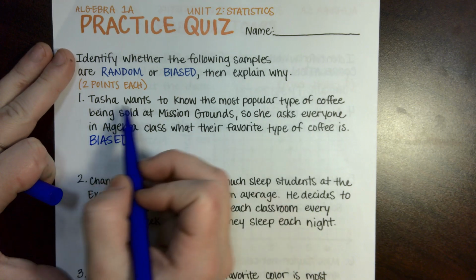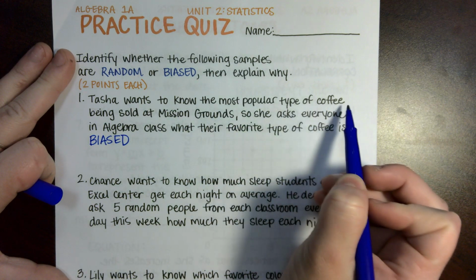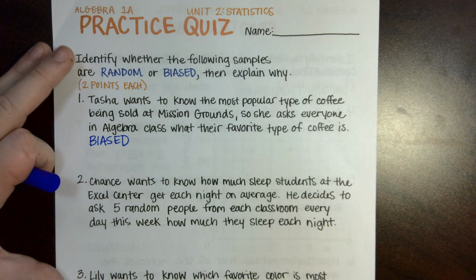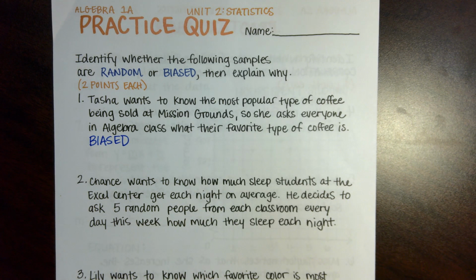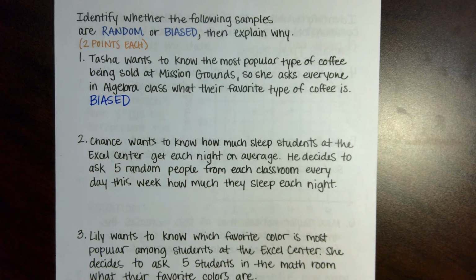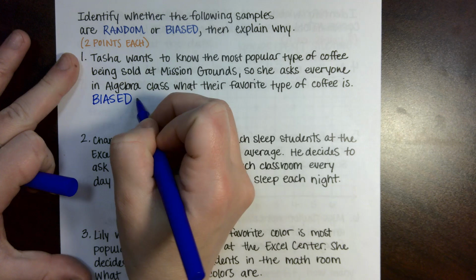So she wants to know the most popular type of coffee that's being sold at Mission Grounds. Are the students in the algebra room the only people that go to Mission Grounds? Not at all. No. So it's biased because it does not include an equal opportunity for all of the customers to be chosen. We're only giving algebra kids a chance to answer. Okay.